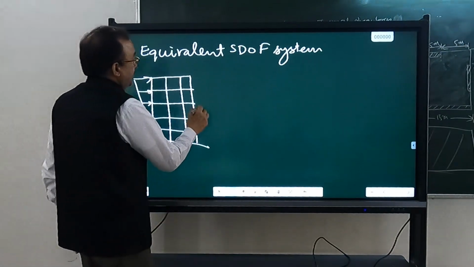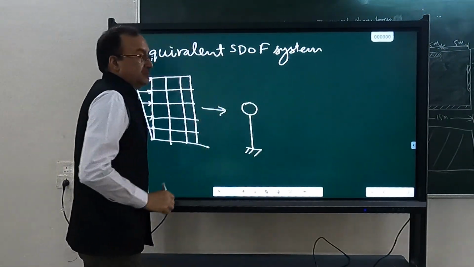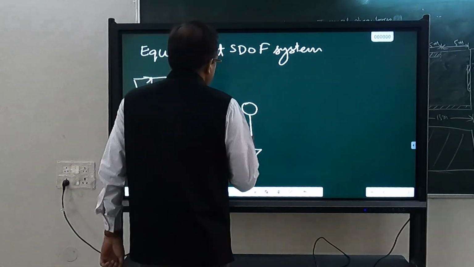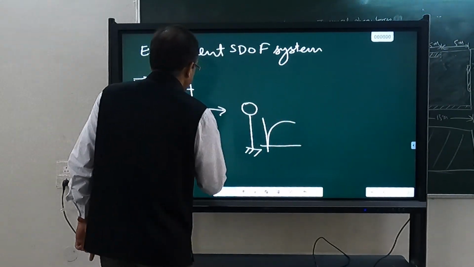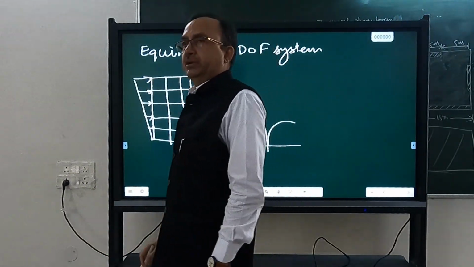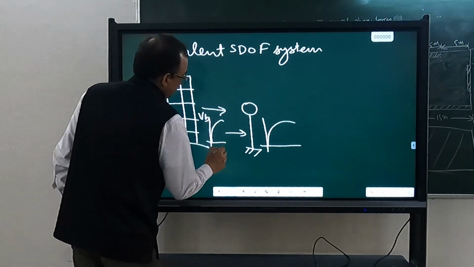We are converting this into an equivalent single degree freedom system, such that the capacity curve for the single degree freedom system is equivalent to that of the building. Here we have base shear versus delta roof.